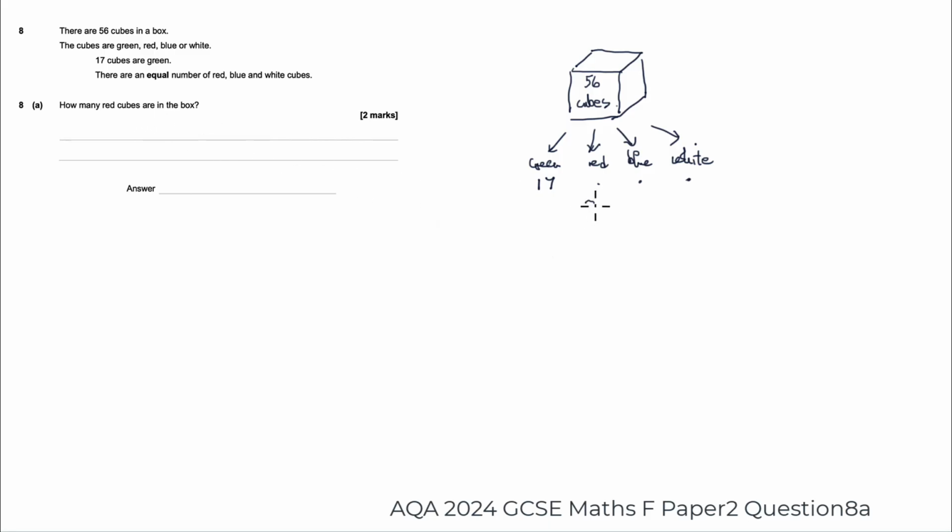Well, first of all then, let's work out how many of these 56 cubes are not green. So that would involve 56 minus 17. Now you should have your calculator handy and you can do these. That would give us 39 cubes.